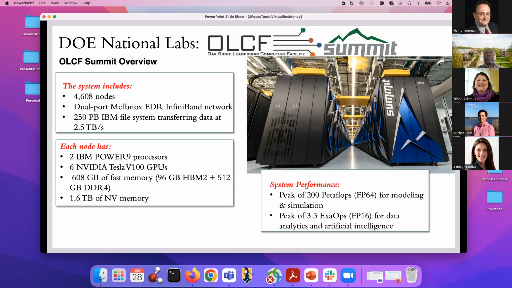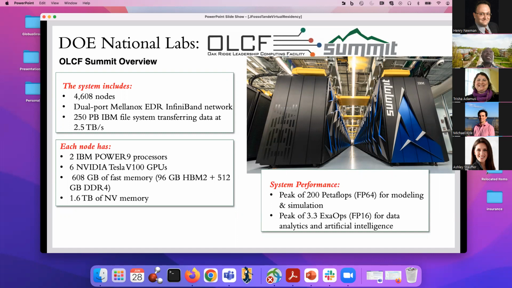Summit used to be the top 1 computer on the Top500 list. It has about 4,600 nodes, a dual port Mellanox EDR InfiniBand network, and a 250 petabyte IBM file system transferring data at 2.5 terabytes per second.